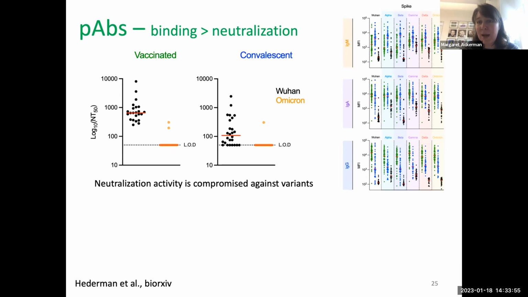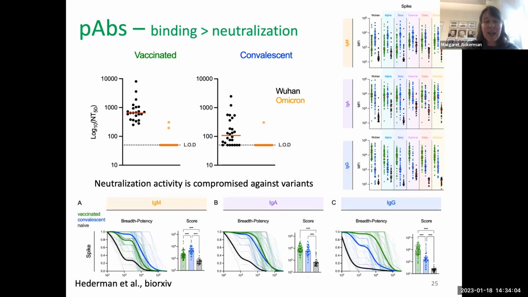It's not as though we see IgGs and As and Ms binding Wuhan and there's no cross-reactivity with Omicron. If we summarize that binding data across the panel of variants, we can come up with breadth potency curves and breadth potency scores. And you can see that they differ by isotype depending on how the individual was exposed, whether that exposure to spike was through vaccination or natural infection.